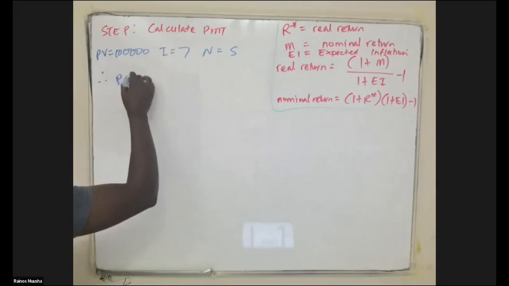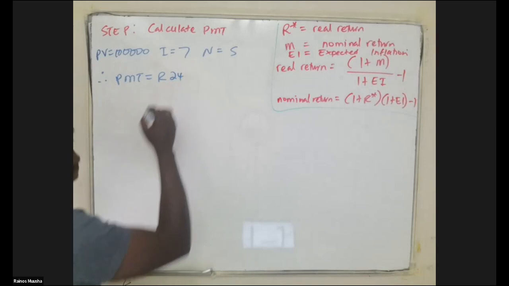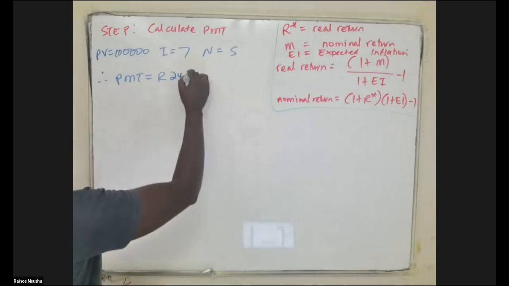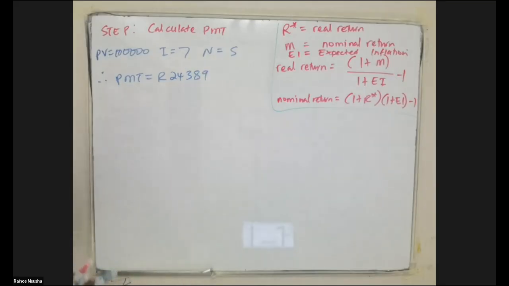So how much do you get as the PMT in this case? Are you getting 24,389? Are we getting the same amount?